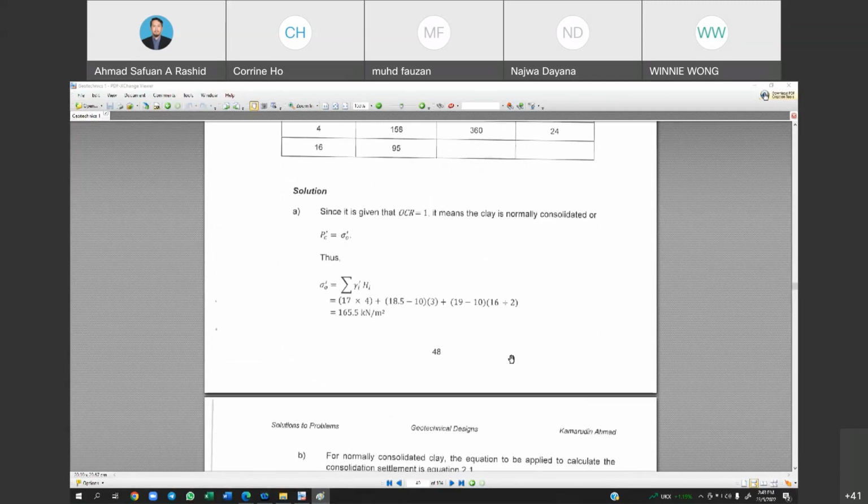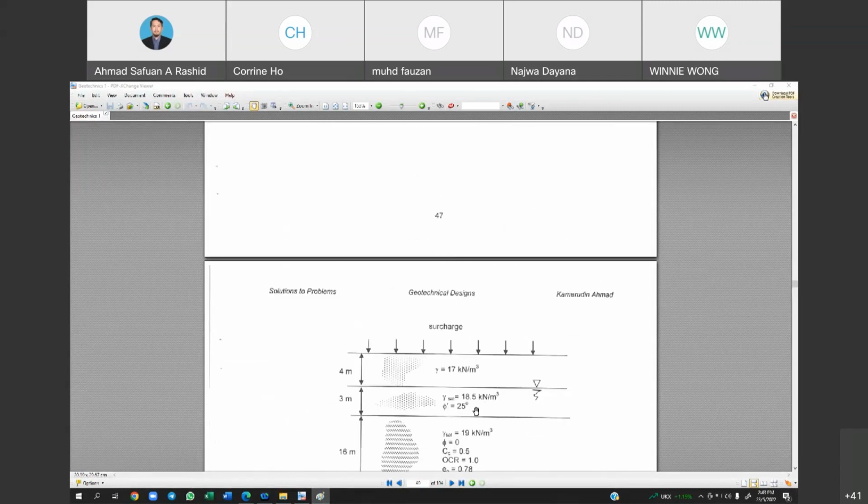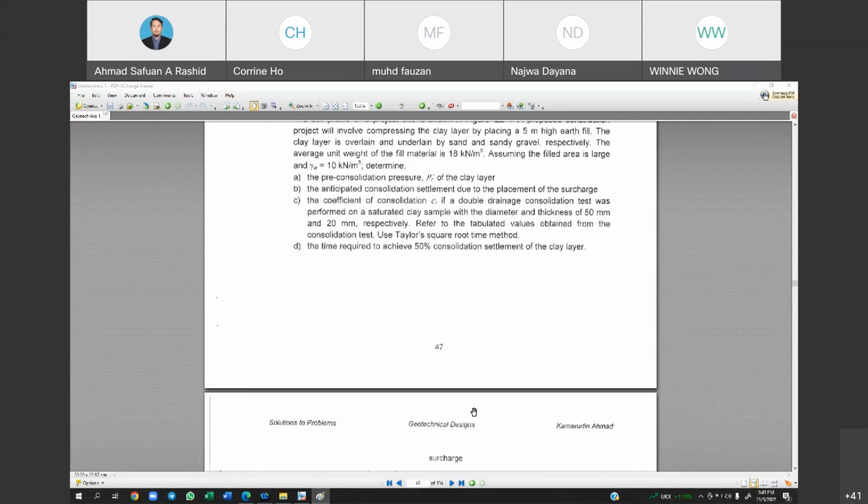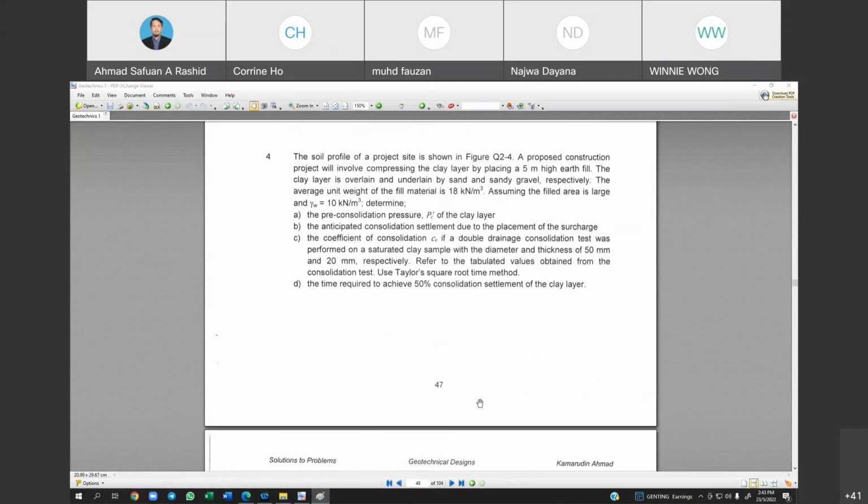So B, the anticipated consolidation settlement due to the placement of the surcharge. Now we need to determine what the settlement is. It is under a normally consolidated condition, so we need to get the value of delta sigma.